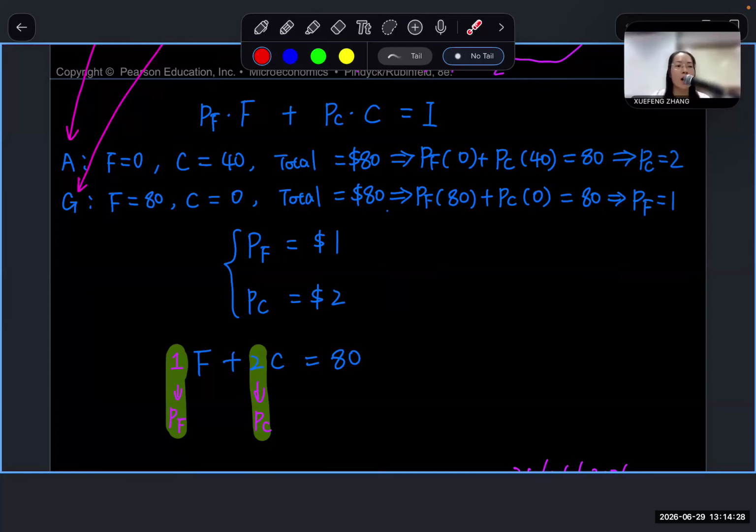The first one, perfect substitutes. The second one, perfect complements and also bads. Finally, we discussed ordinal and cardinal utility, okay? A little bit about budget constraints. So let's continue.